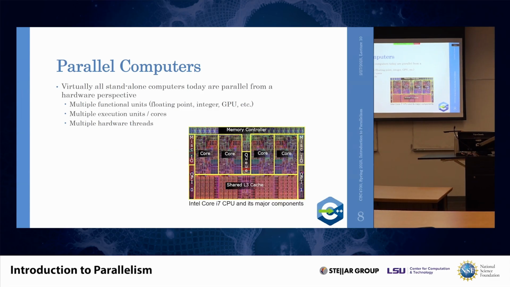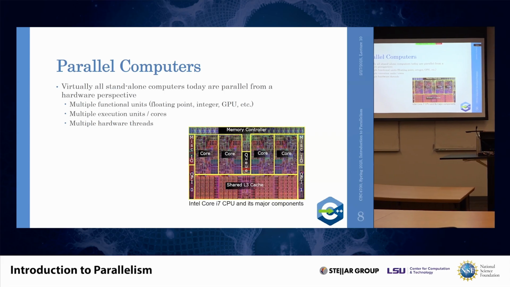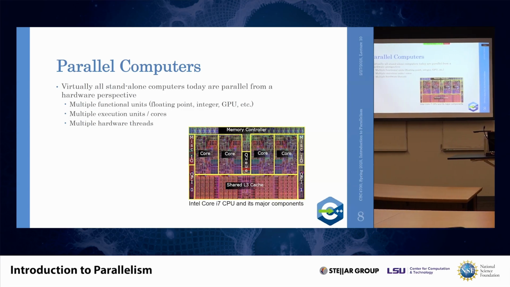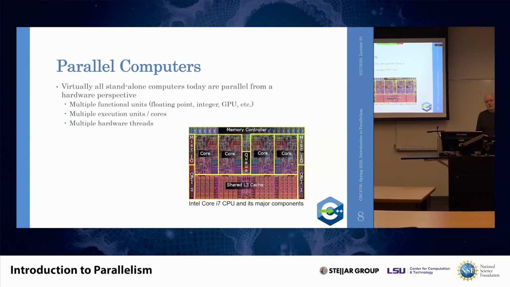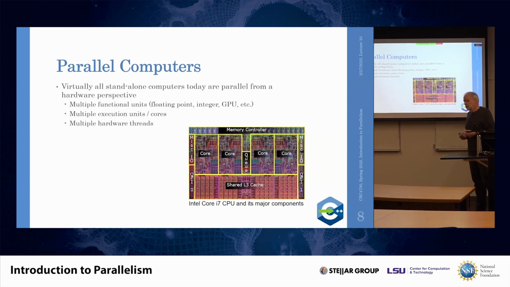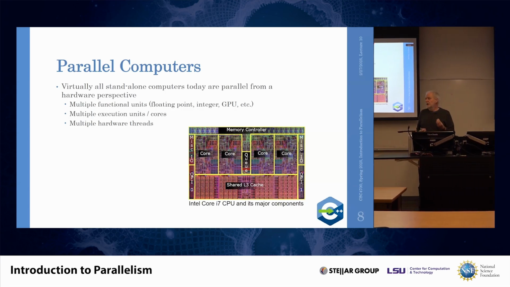Even the smaller devices, even your watch, has more than one core, so that it can do multiple computations at the same time. In addition, each of the cores consists of a multitude of hardware elements: floating point units, integer computation units, branch prediction units, and so on. So there's a certain amount of parallelism even inside a single core.